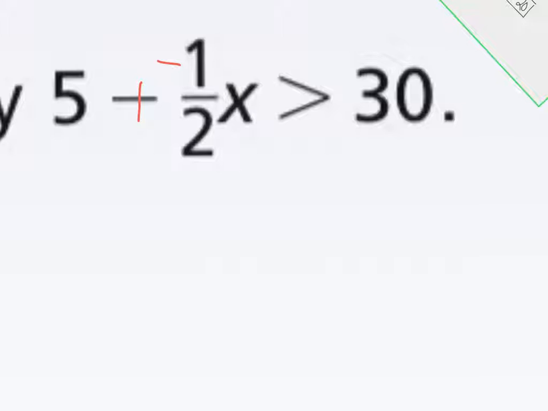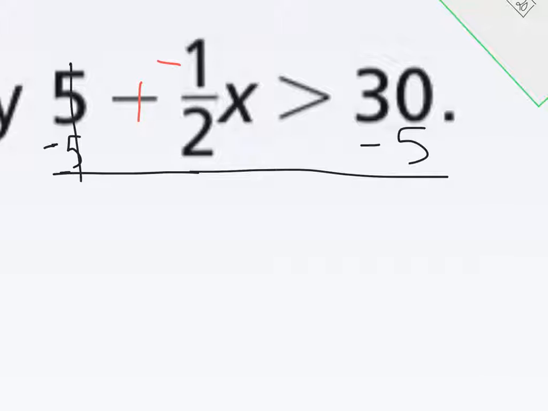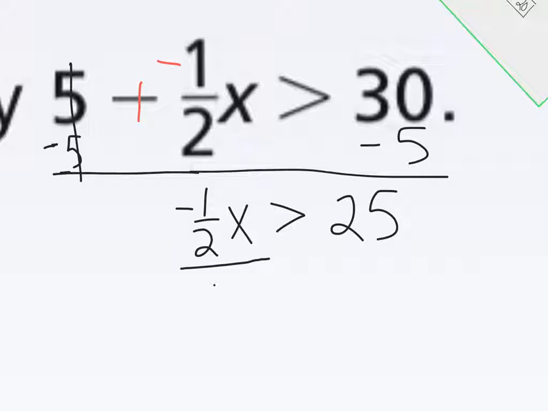So this problem at the beginning, we see the 5 there. To get rid of a 5, we would need to subtract 5. Okay, 5 minus 5 is going to cancel out. We need to do the same thing on the other side to keep this balanced. So this one on the left side, they're multiplying by negative 1/2, we could say.